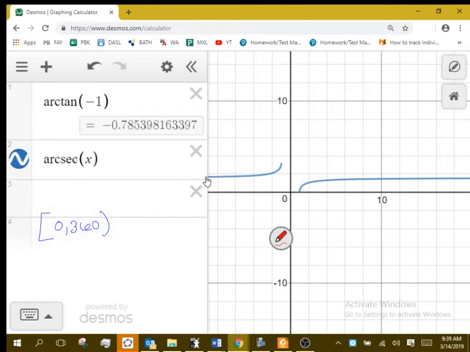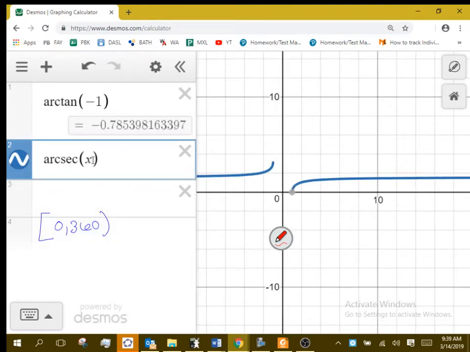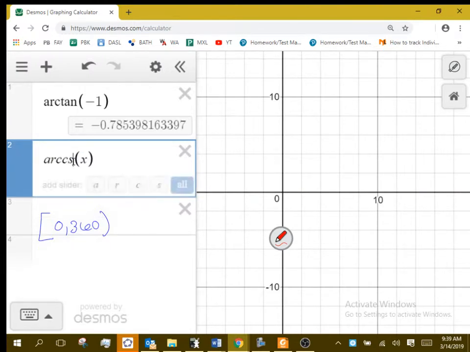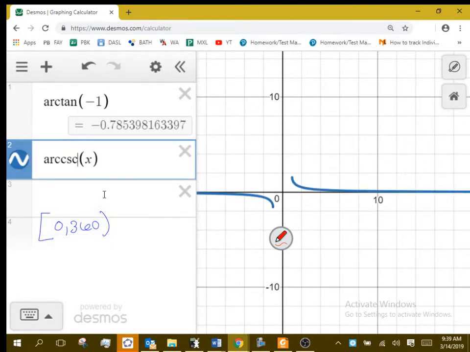I'm not going to ask you right now to deal a whole lot with that. We've got the arc cosecant as well. You can kind of see there's a similar relationship, isn't there?